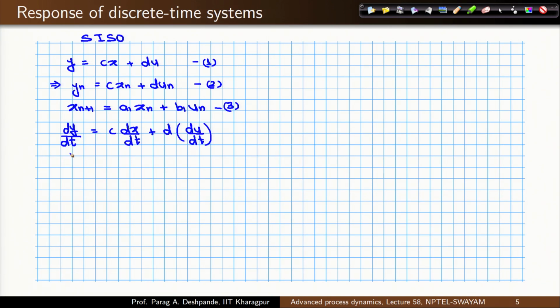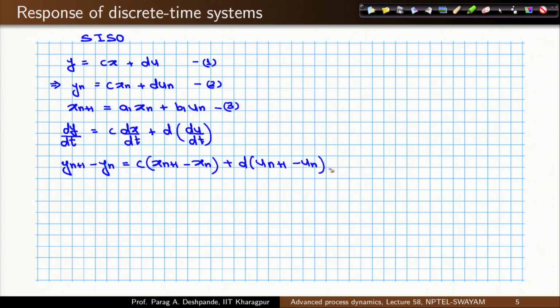Therefore, the denominator T would get cancelled out. So, I can write y n plus 1 minus y n is equal to c times x n plus 1 minus x n, plus d times u n plus 1 minus u n.